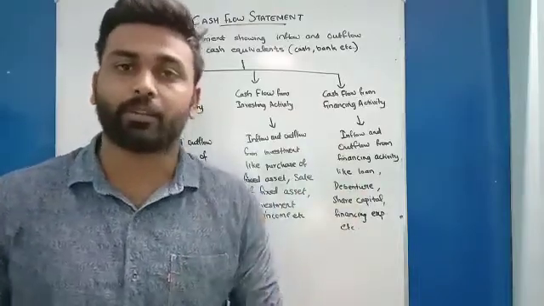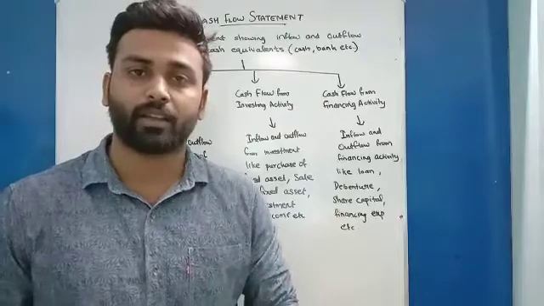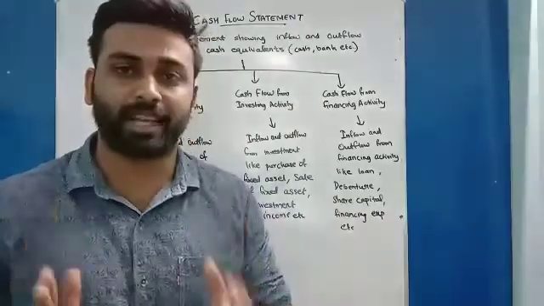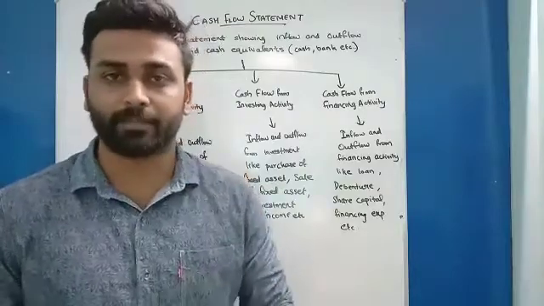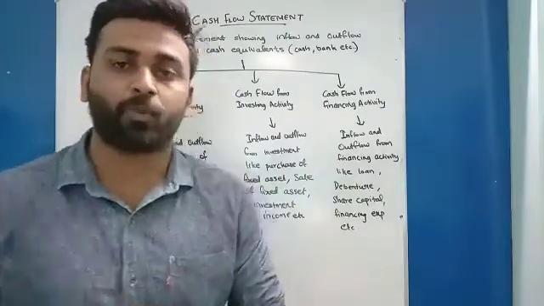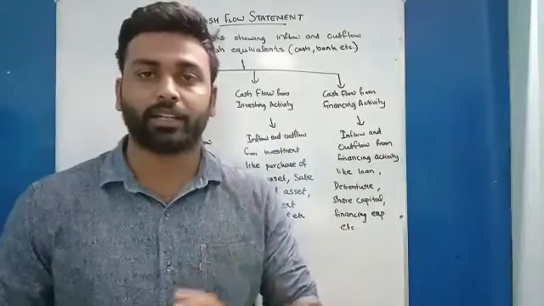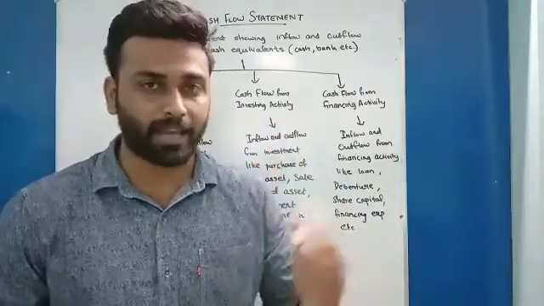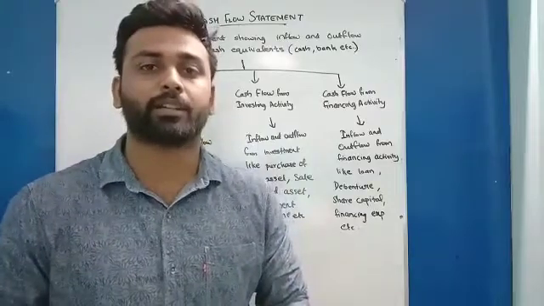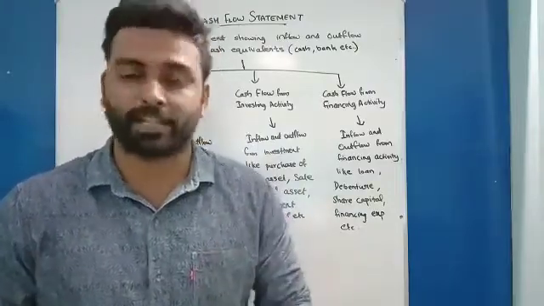This cash flow statement is the same as the cash book, but there is some difference. In the cash book we have written on the debit side all the receipts of cash and bank, and on the credit side we have written all the payments of cash as well as the bank.